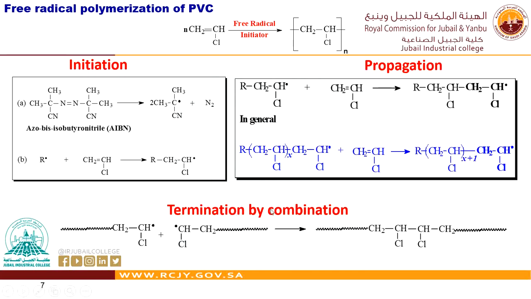Now here, for termination, we have several types, but for the sake of time, we may not be able to go into that, because we have termination by chain transfer, we have termination by coupling, we have different types of termination. But the simplest form of termination is combination. Combination means you combine 2 free radicals into a polymer chain.